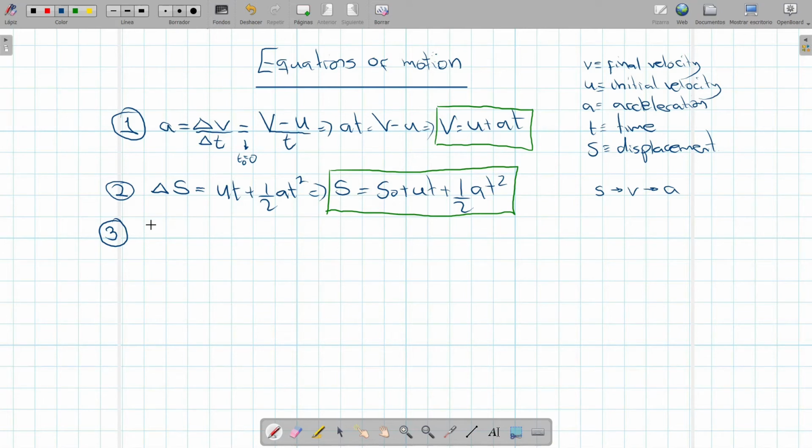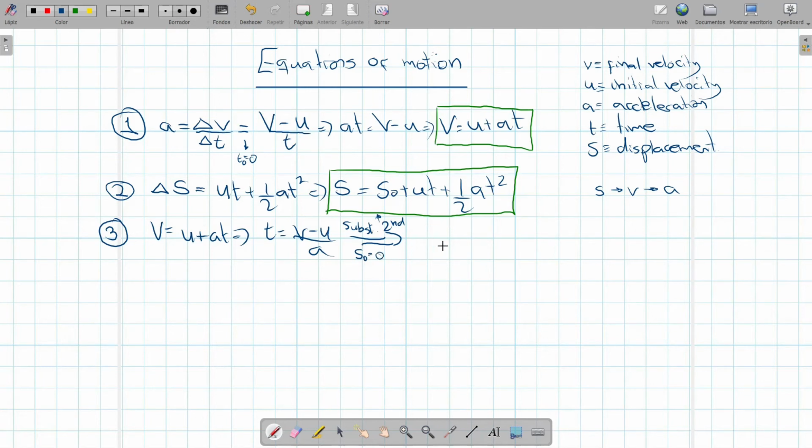Okay, so in the first equation of motion, I am going to make t the subject of the formula. So if we rearrange that, u goes to the other side, and then a goes dividing. And we're going to substitute this in the second equation of motion, and we are going to consider, like we did with the time, that the initial space is 0.